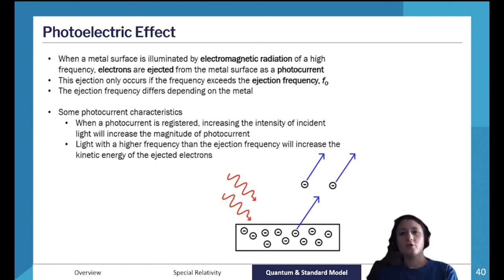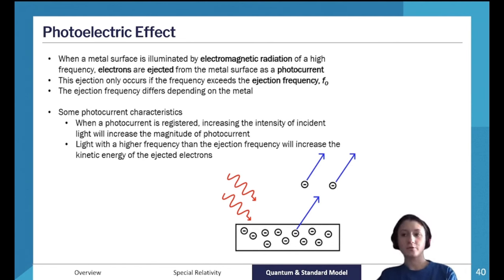So we have a few restrictions on this though. The electrons only jump out if the light has a sufficient frequency. We call this F0, and the ejection frequency differs depending on the metal, right?